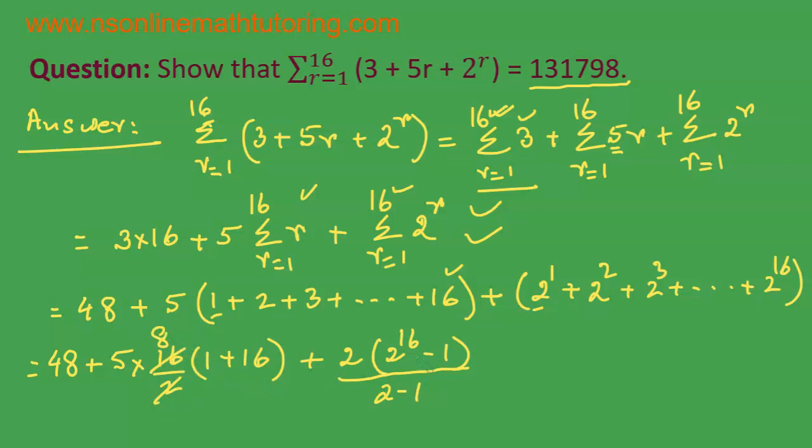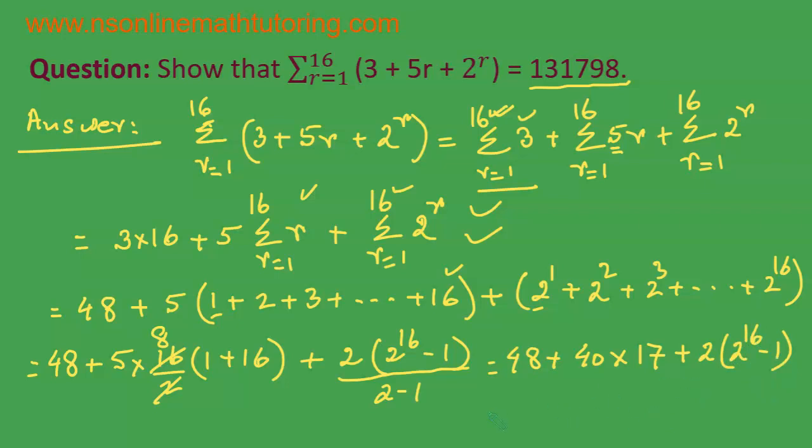So we are having this as 48 plus 5 times 8 is 40. So it is 40 times 17, and this is plus 2 times 2 to the power of 16 minus 1.